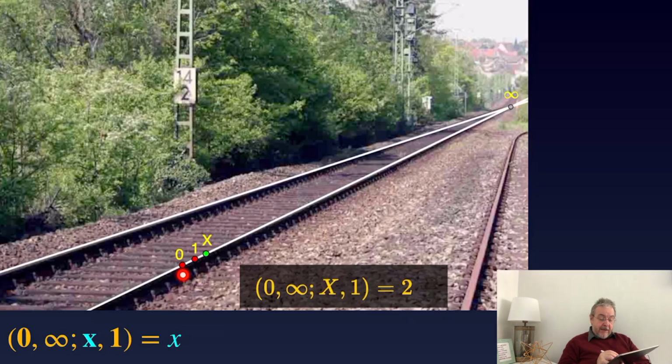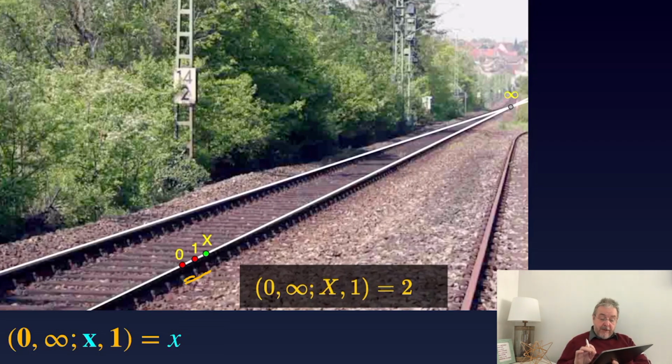If you place the points 0 and 1 here, and a point x here and a point infinity here, you can calculate this cross ratio, and this is actually done in this example. And so you see, with respect to these points 0, 1 and infinity, this position of point x here gets a value of 2, which means it is really 2 units apart in our coordinate system.